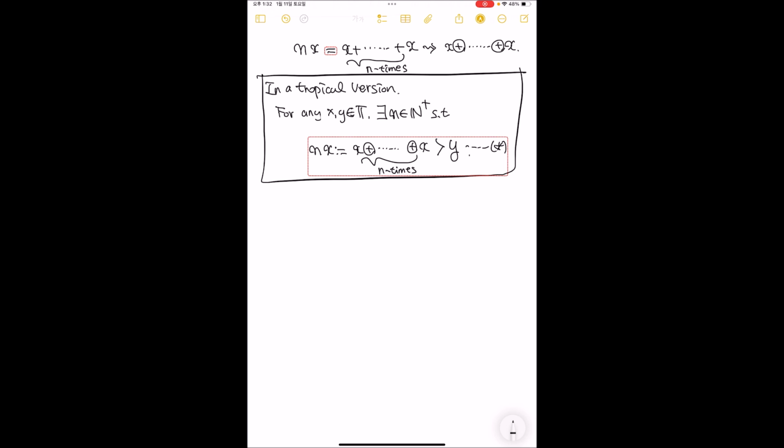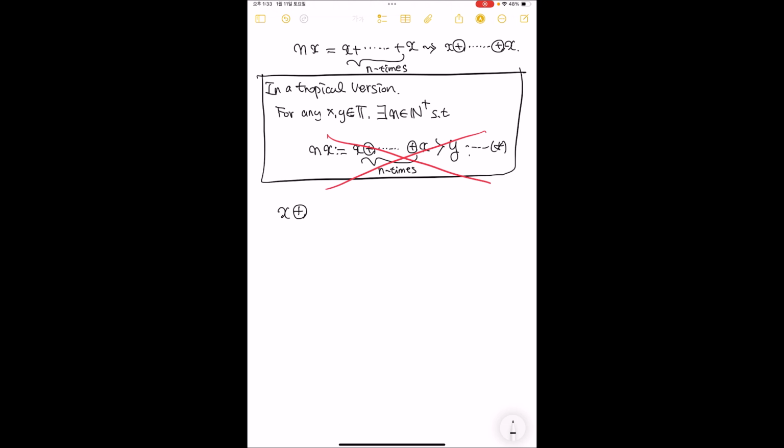But as expected, when we consider the definition of the tropical sum, this does not hold. That is trivial when we know the definition of tropical addition.